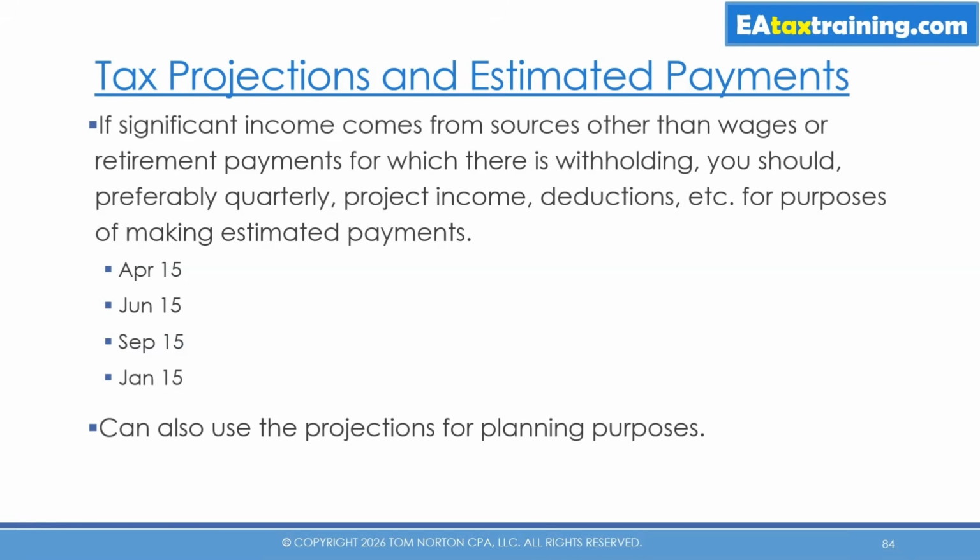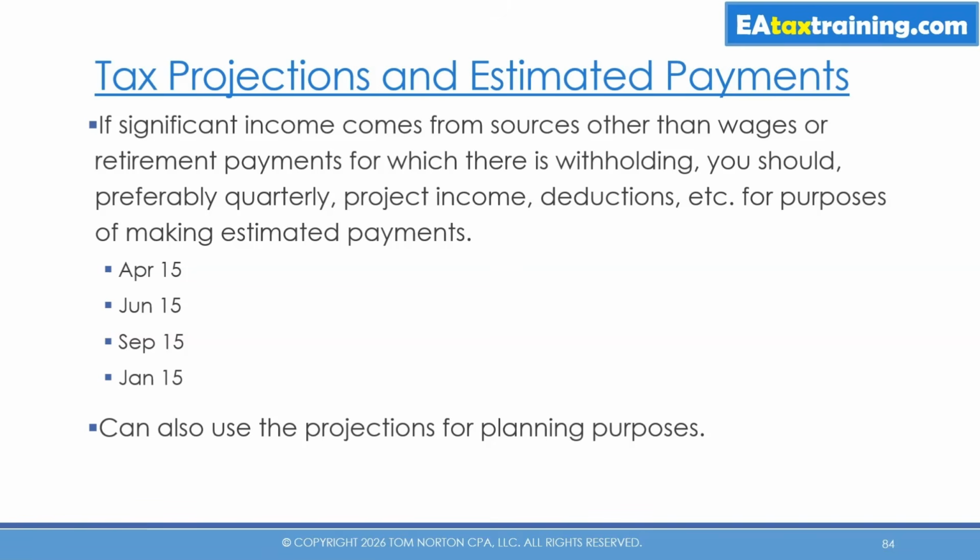Projections and estimated payments. As we said in a previous video, if significant income comes from sources other than wages or retirement payments for which there is withholding, you should, preferably quarterly, project income, deductions, etc., for purposes of making estimated payments. So I'm sure you've already memorized these dates, but those estimated payments are due April 15th, June 15th, September 15th, and then January 15th of the following year.